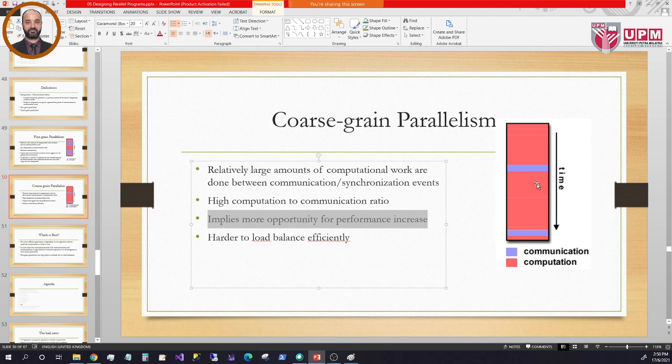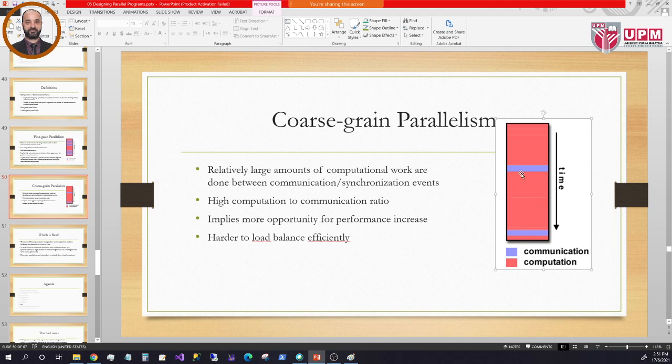If in this area we can break this into totally, fully independent tasks, then doing that is going to improve the performance.